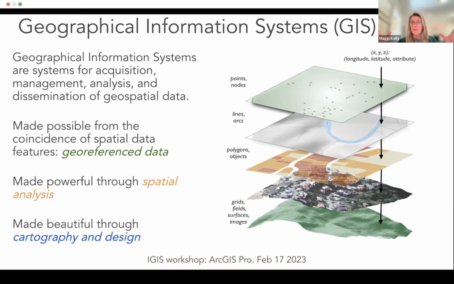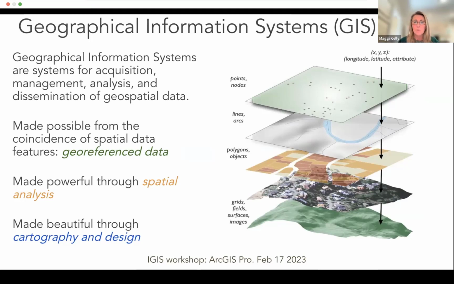And we take the complex world and we sort of split it into these two-dimensional layers that I have demonstrated here on the right. We can have location of houses or location of trees of interest. We can have roads or routes or hydrology. We can have polygons like parcel data or zip codes.